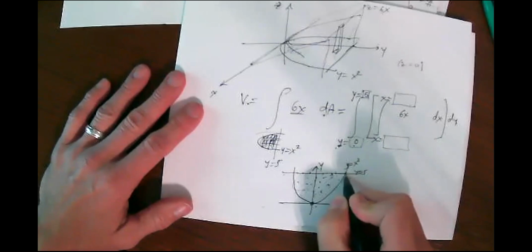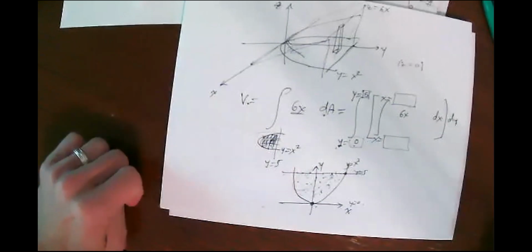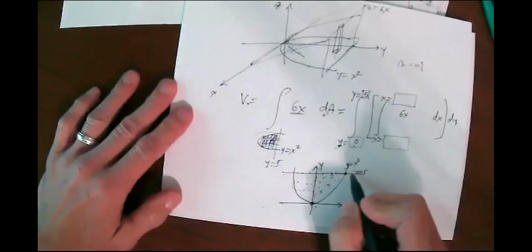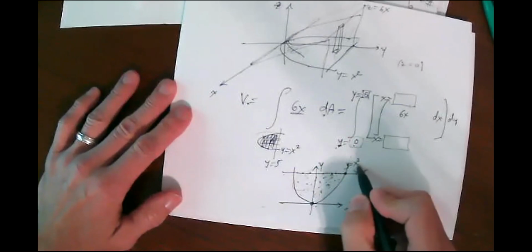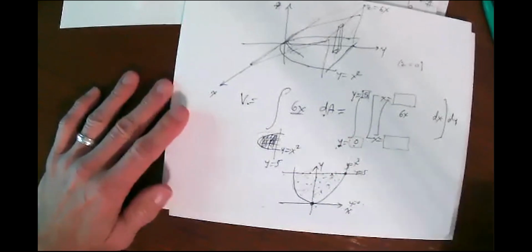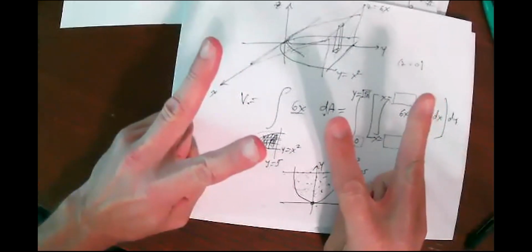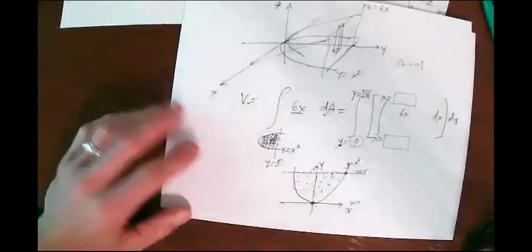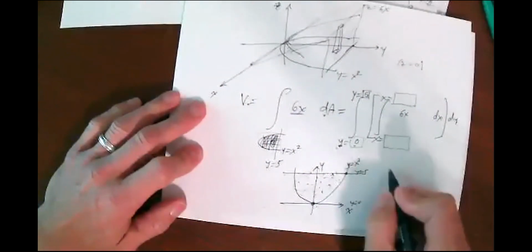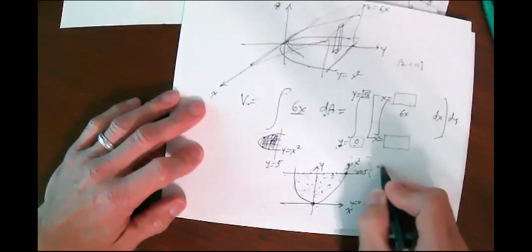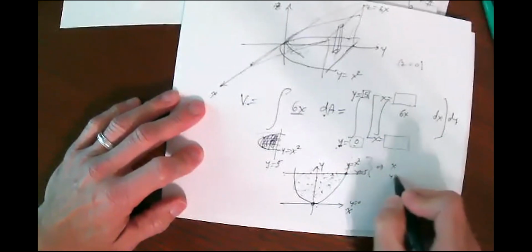I see one point that's the eastmost point. That point is the intersection of the parabola y equals x squared and the straight line y equals 5. So those are two things that I know about that point. And that point has two unknown coordinates. So I'll have two equations in two unknowns, and I should be able to solve these two equations in two unknowns to figure out what the values of x and y are.